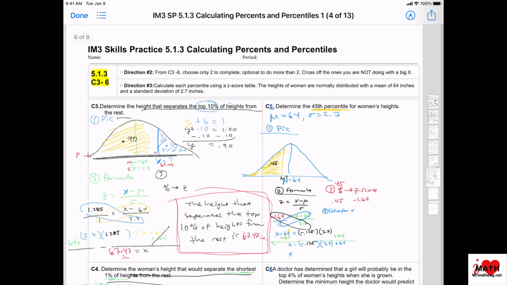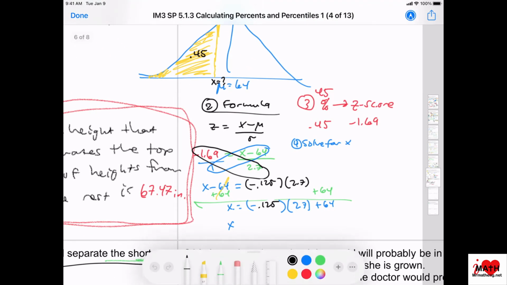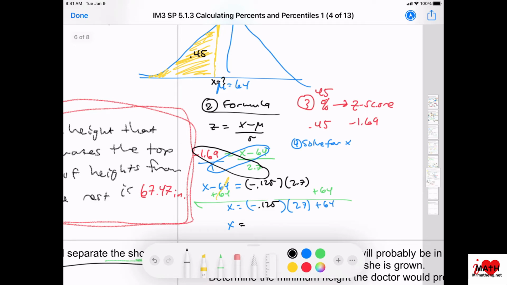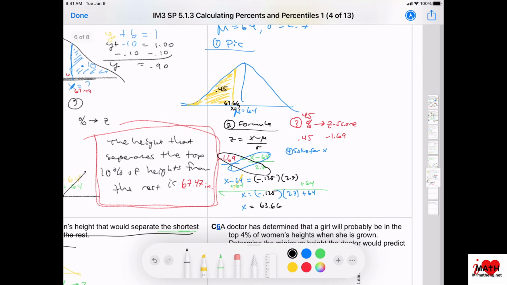Okay. So x equals 63.66. What does this mean?